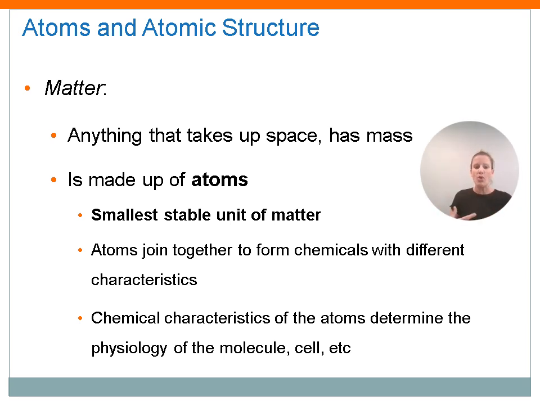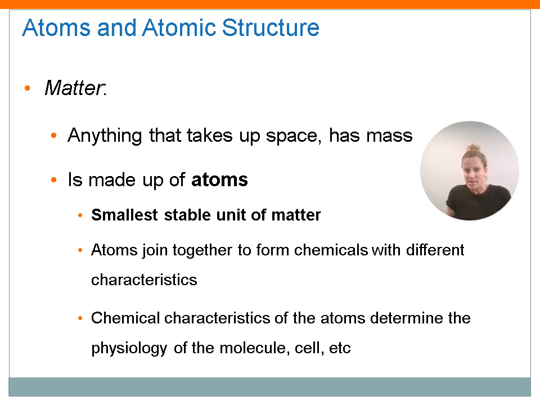For example, two hydrogen atoms join together with one oxygen atom. That gives us H2O, which is water. So tiny atoms join together and they build something bigger. Now, everything in the world is made out of a limited number of atoms, right?